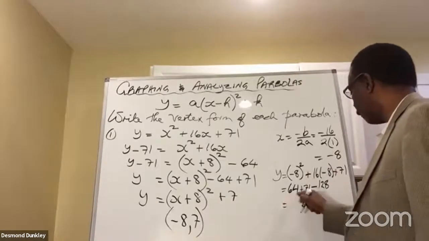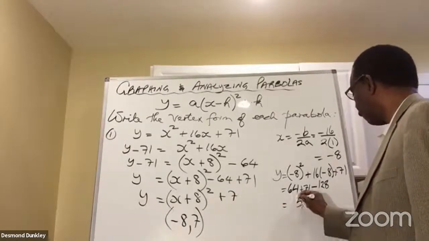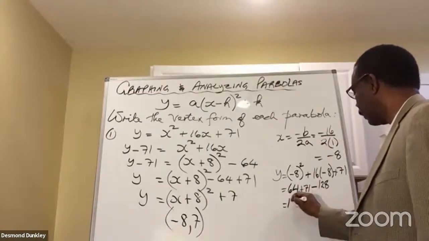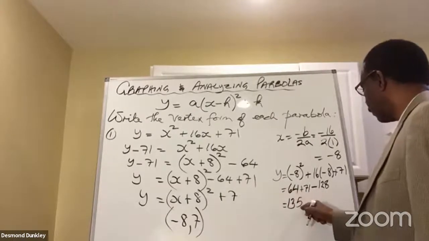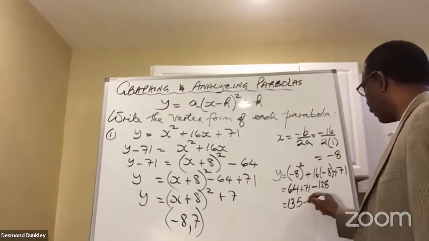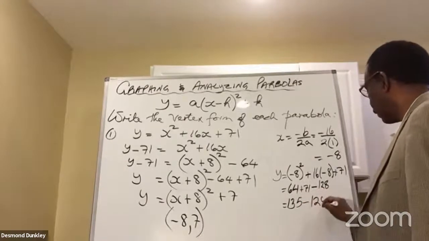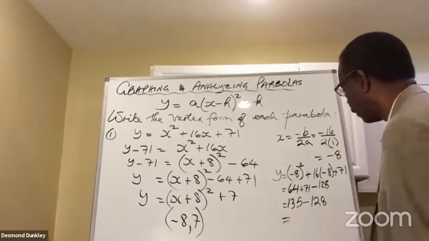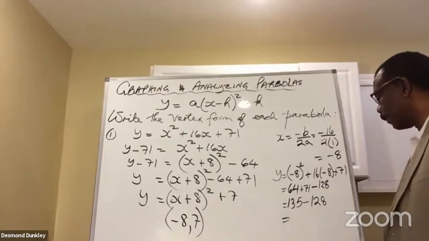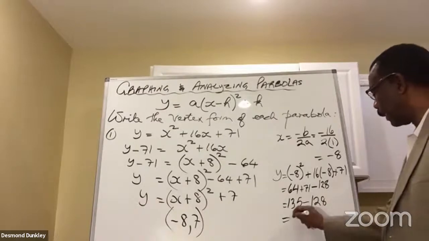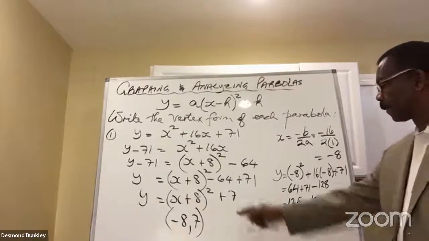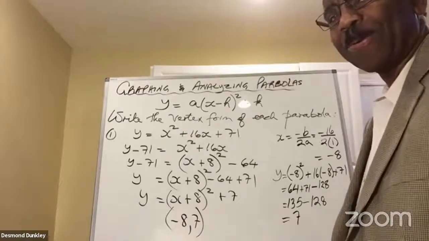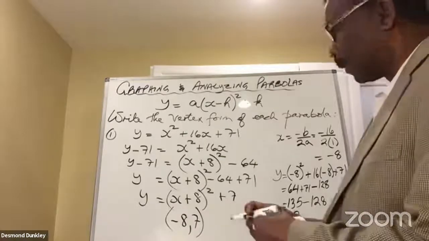So 64 plus 71 is 135, minus 128. What is 135 minus 128? Isn't that 7? There it is. How cool is that? Pretty cool, right? Okay, so that's the first one.